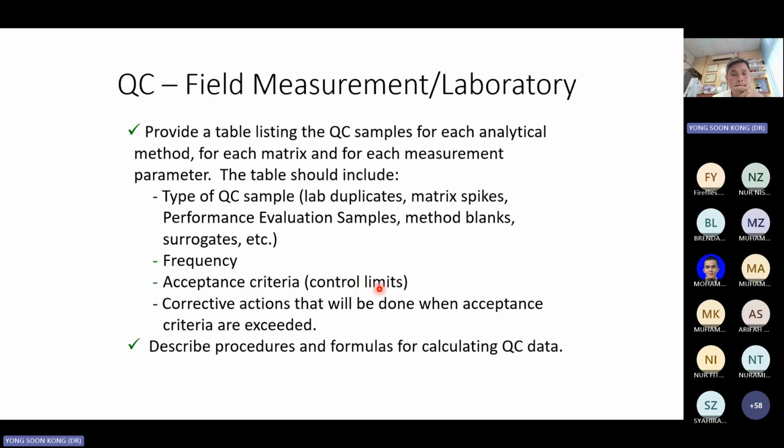Acceptance criteria. So what is a control limit? The corrective actions that will be done when acceptance criteria are exceeded. So acceptance criteria is like predicted values that you're about to have. It's more or less like a quality control.